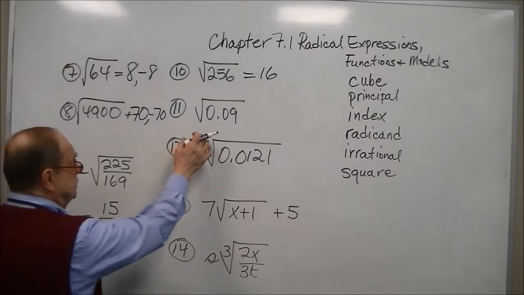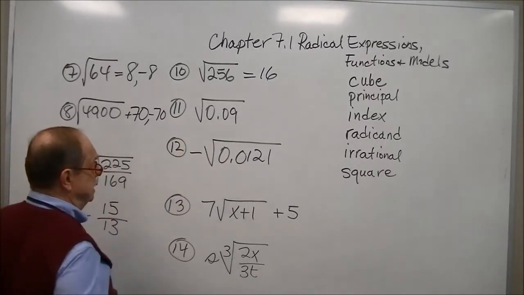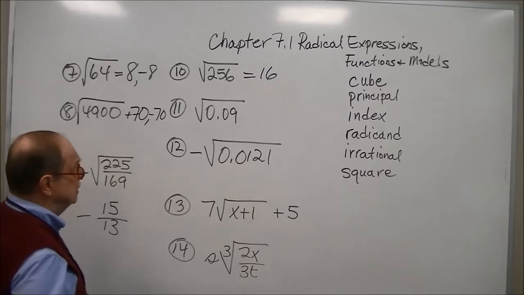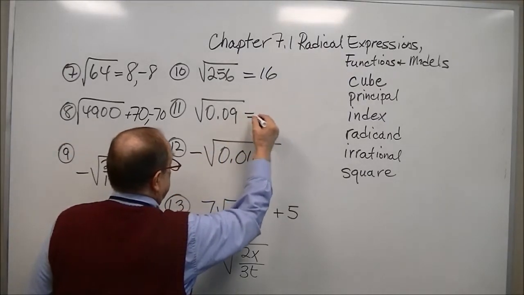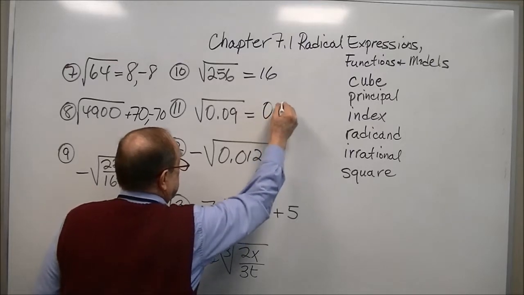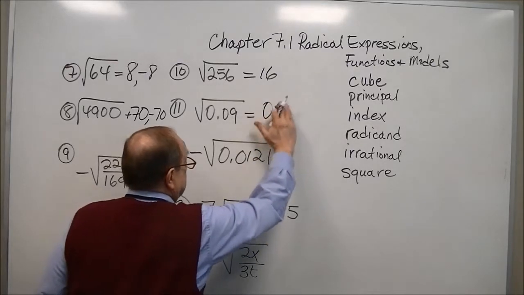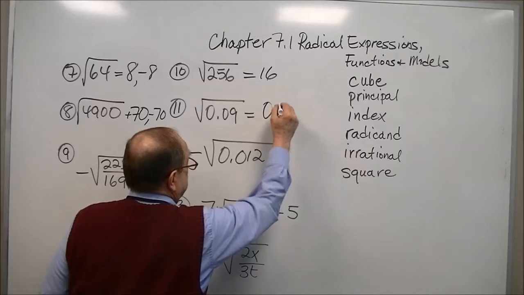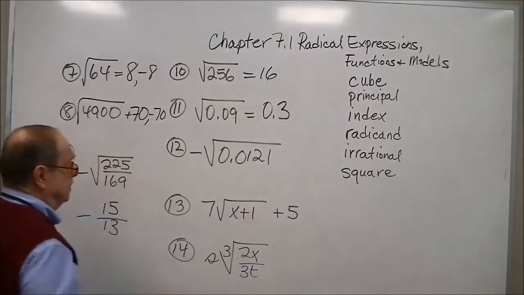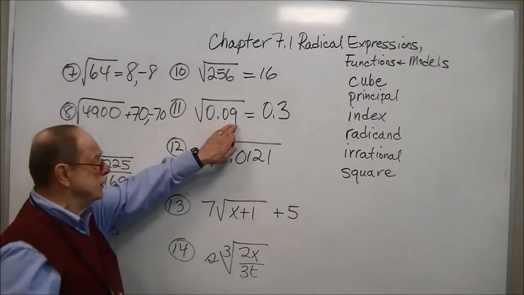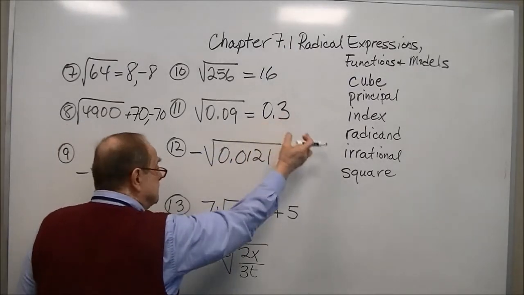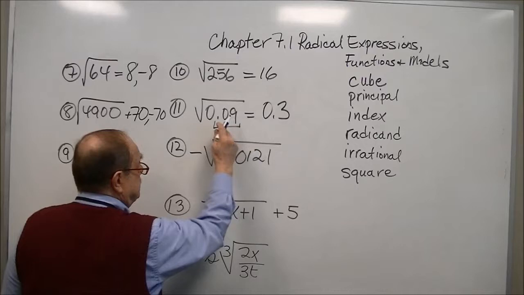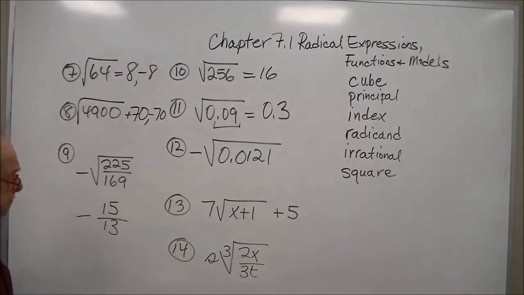Now, when you get to those with decimals underneath, students have a little problem with that. So this will be 0.9. Oh, let me try that one again here. 0.3. I got the decimal right. So it'd be the square root of 9, which is 3, and then 0.3 times 0.3 gives you your 2 decimal places.